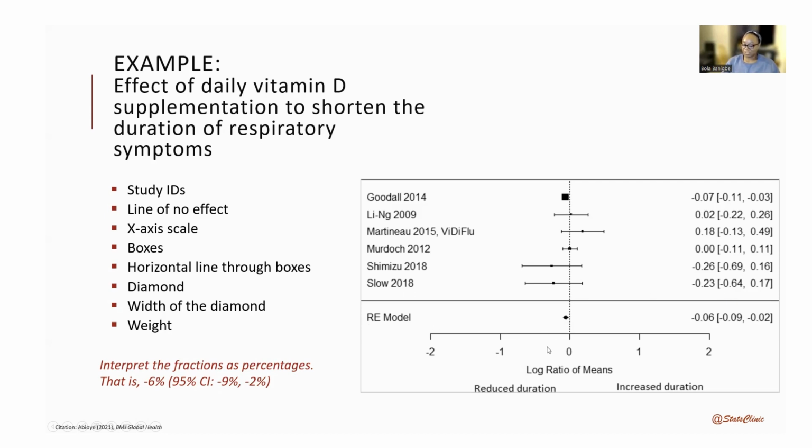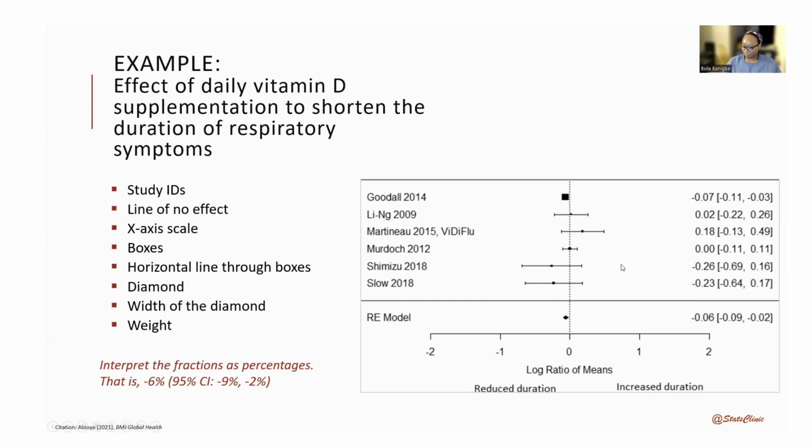But remember, because it's log ratio of means, you're interpreting as percentage. So you're basically saying there's a 6% reduction in the duration of respiratory symptoms in people who take daily vitamin D supplementation compared to people who did not.